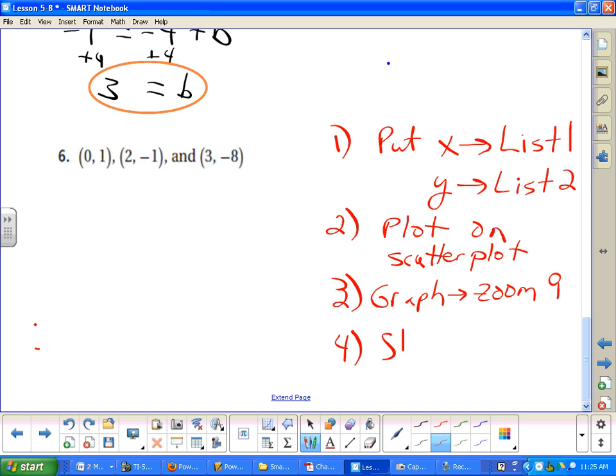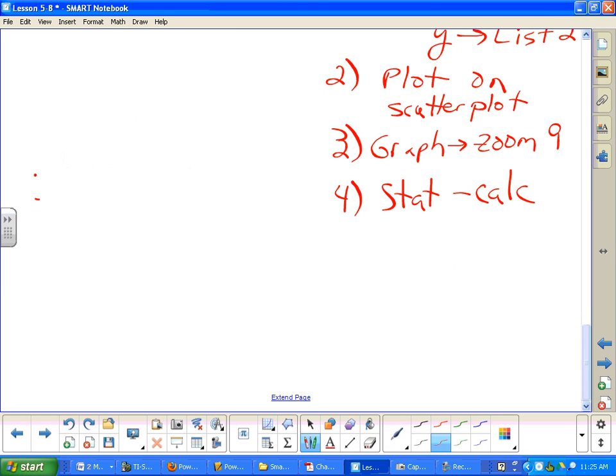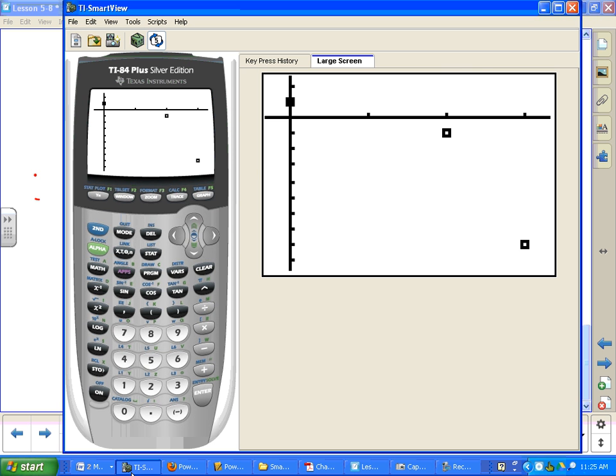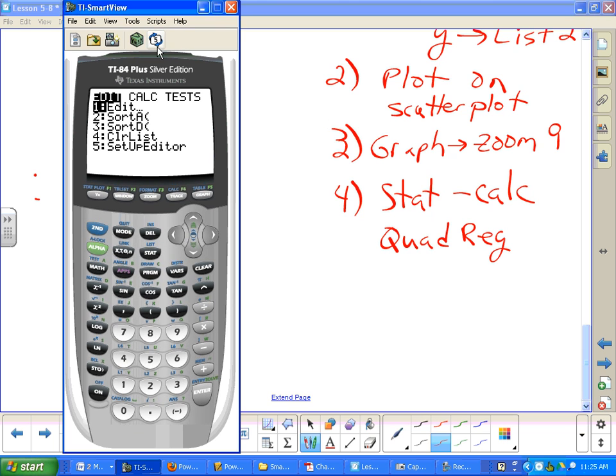And now we're going to go to stat, over to calc, and then quadratic regression, because we're doing a quadratic function. So stat, over to calculate, and then number 5 is quad-reg or quadratic regression.